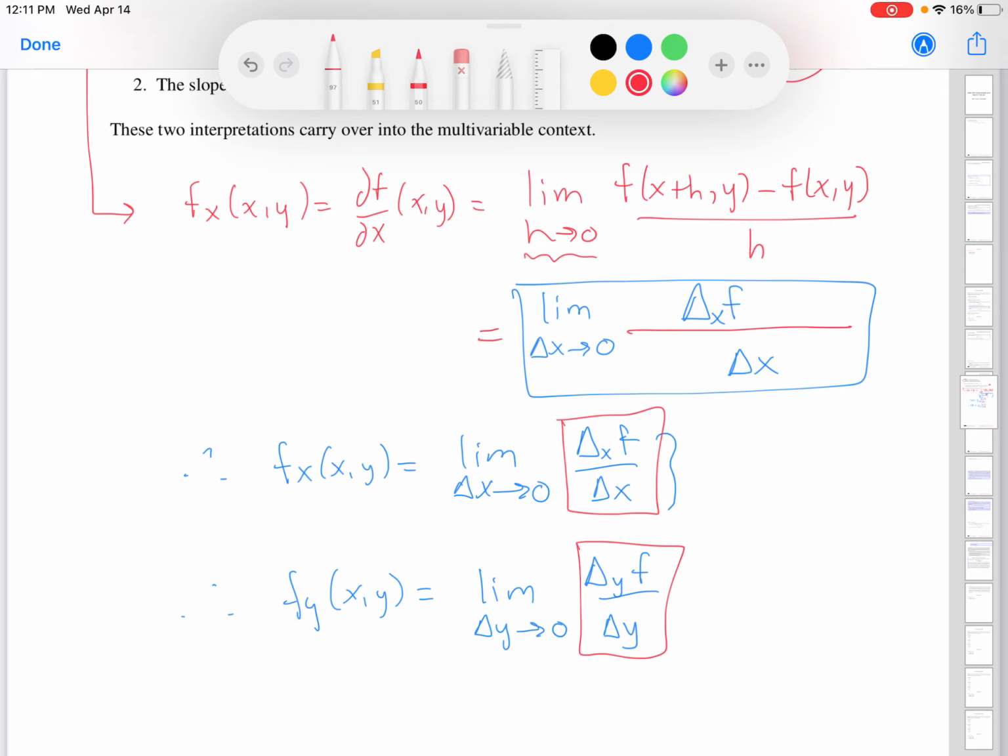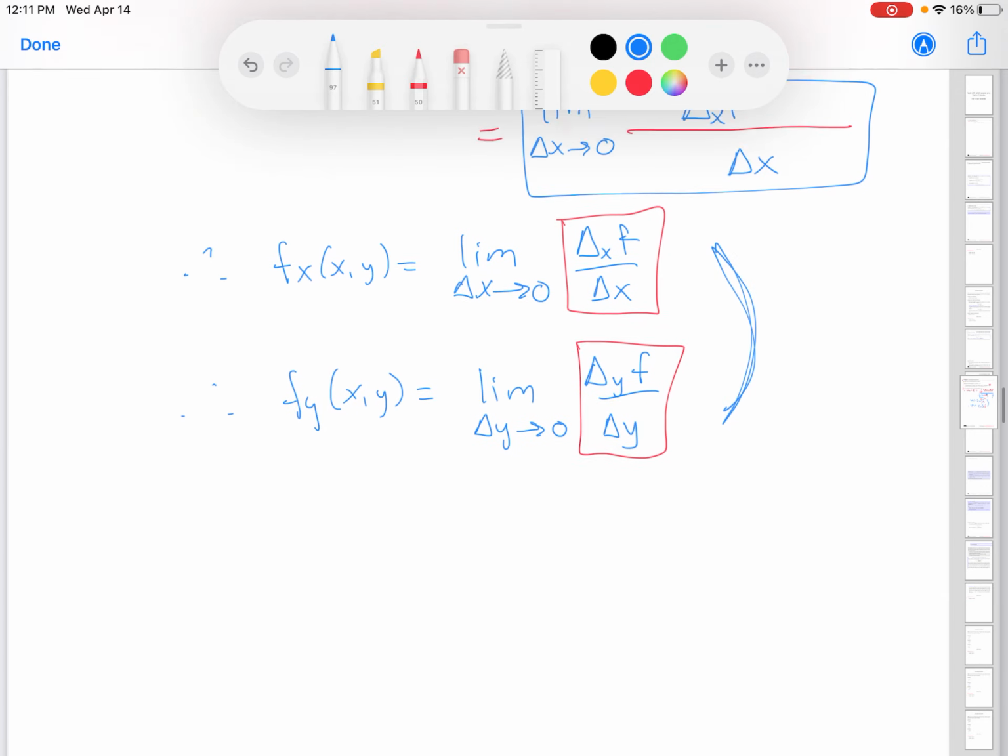This is a change of the function values f per a change of the y values. And then this limit taking is what makes it an instantaneous rate of change. So these notions from single variable calculus of the derivative measuring the instantaneous rate of change, they carry over in this way to the multivariable context.